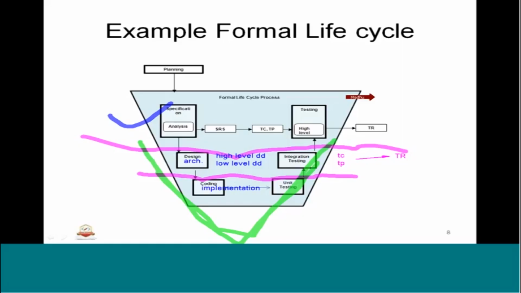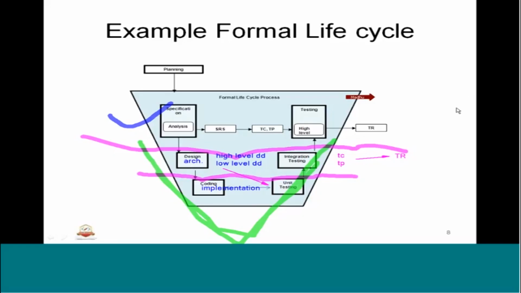Sometimes they also use the low level design for unit testing. That depends on how you want to define it. They further divide the design into a high level design block and a low level design block, and the low level design block is used for unit testing along with the coding. But in general, source code is the prime input for unit testing.